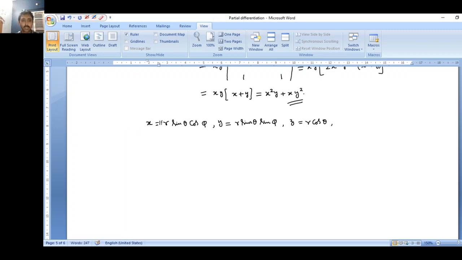Okay, so this is how we are given three variables x, y and z with respect to r, theta and phi.